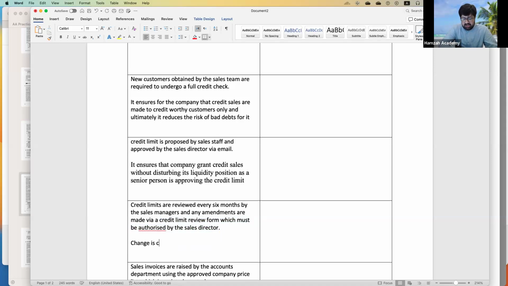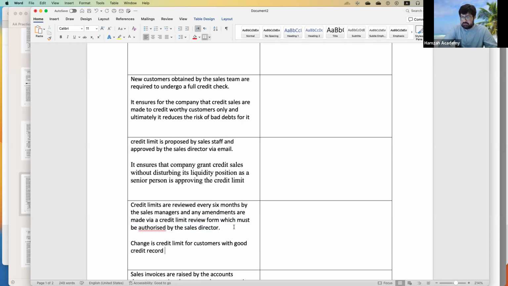Change in credit limit for customers with good credit record. Increase in credit limit. Record will increase company goodwill.